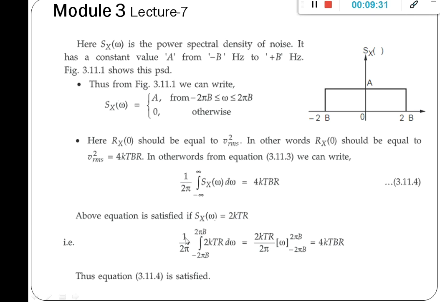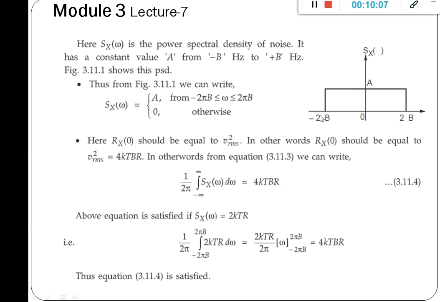So 1 divided by 2 pi times 2kTR times omega, running from minus 2 pi B to plus 2 pi B, gives us this equation. From this we know that the thermal noise is 4kTBR, and Sx of omega is given with this amplitude.